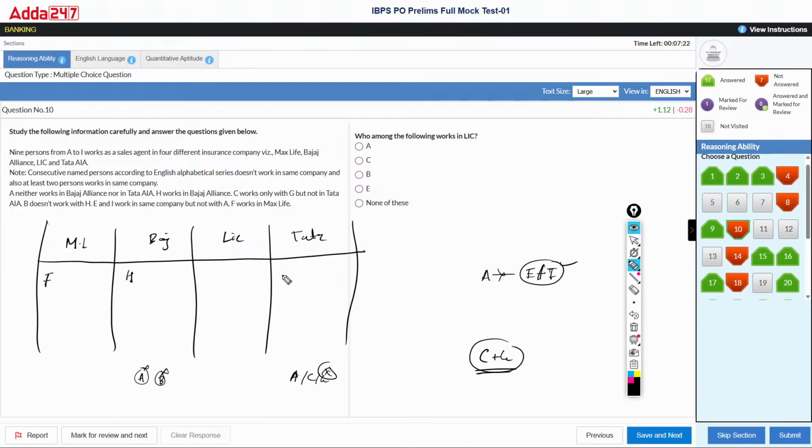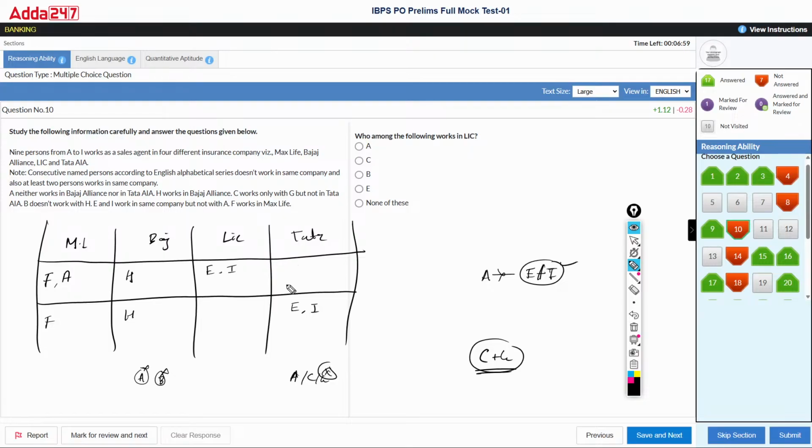Either here or here. So suppose E here, I here. Okay, A is not with them. A is not here. A is not here. So in this case, A has to go here.